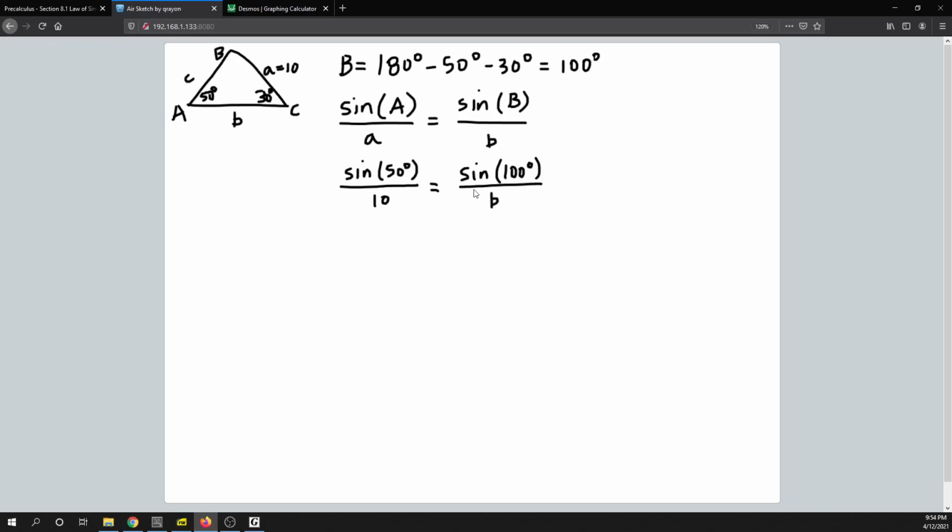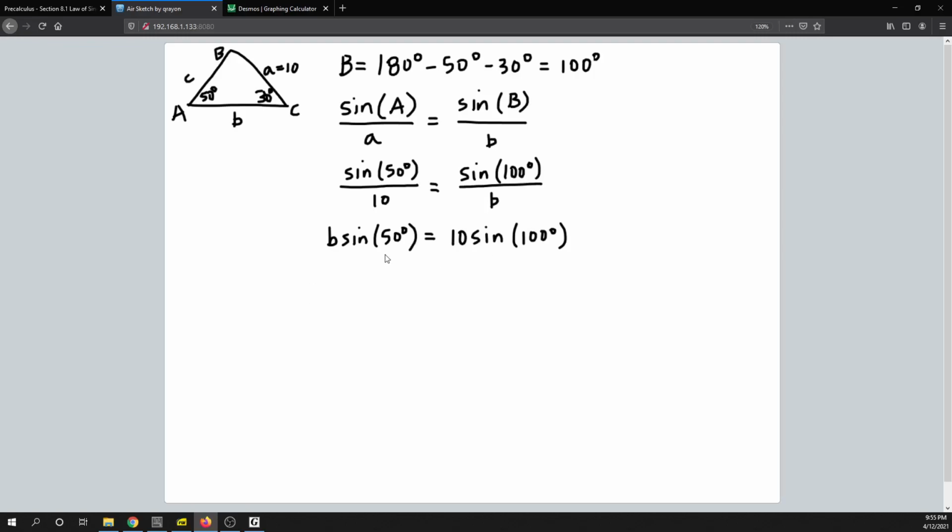Okay? So I can just solve this little equation by cross multiplying. It would be b times sine 50 degrees equals 10 times sine of 100 degrees, like so.